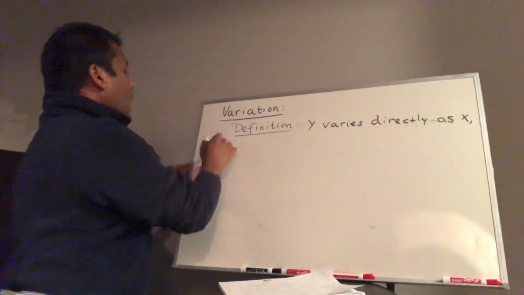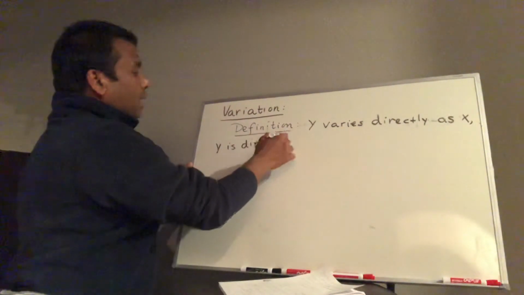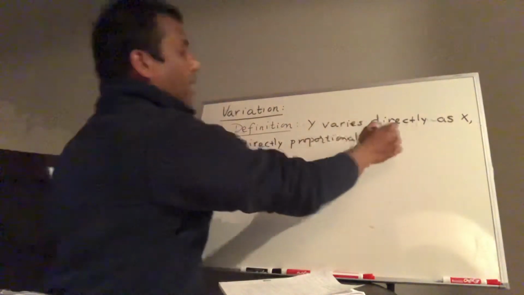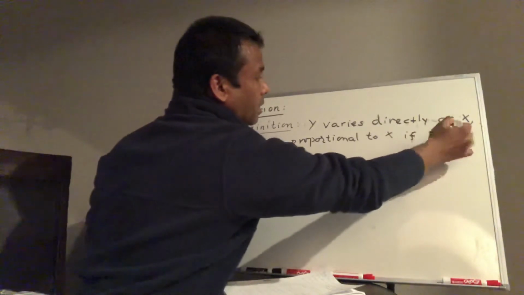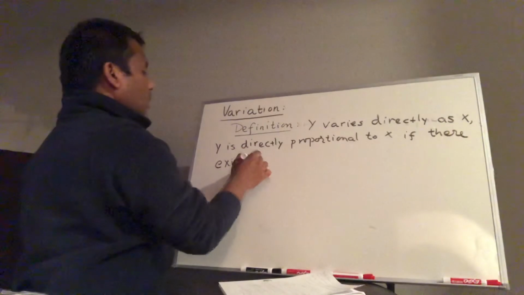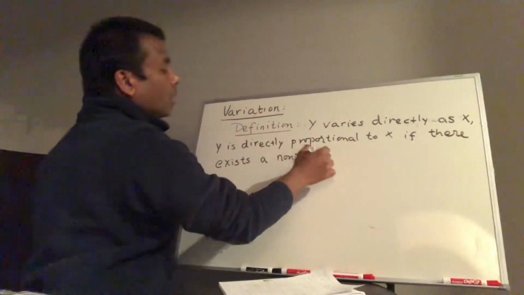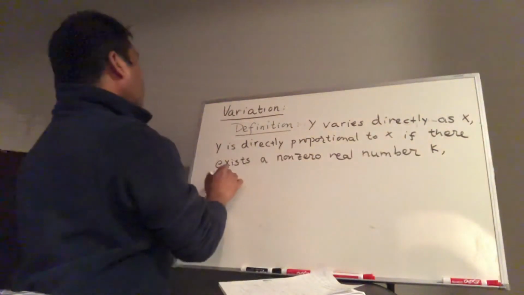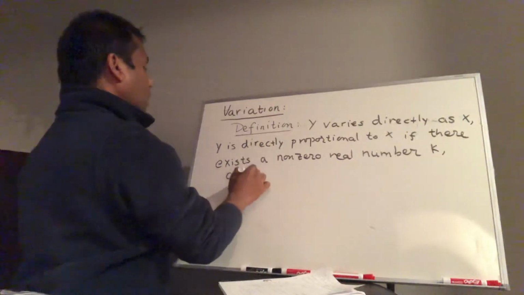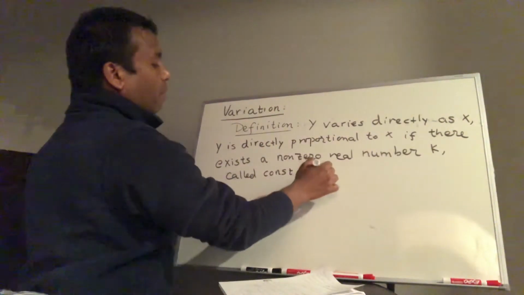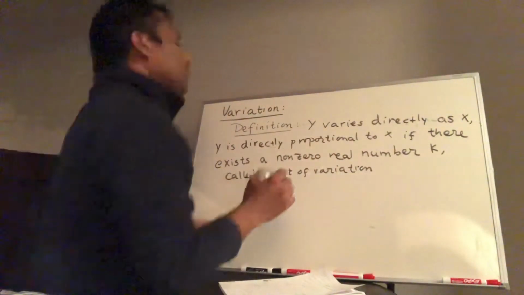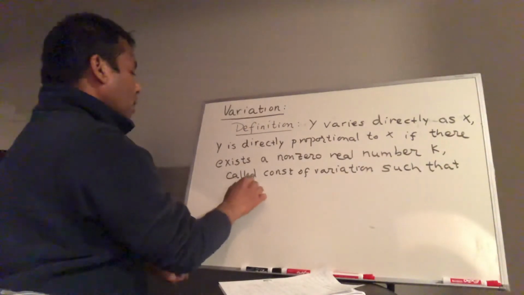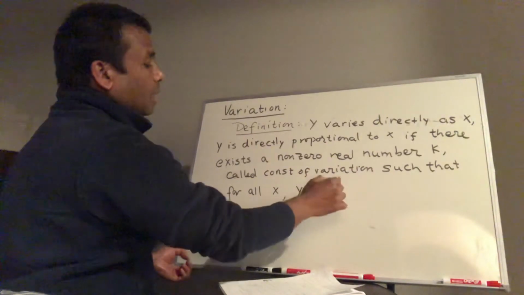So we also call y directly proportional to x if there exists a non-zero real number k, also called constant of variation, such that for all x, y equals kx.